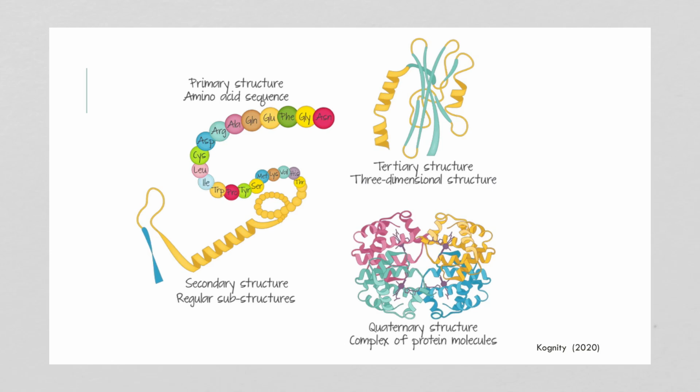So we're going to highlight the 4 levels of structure, and then we'll expand a little bit further. So primary structure is just the amino acid sequence. Secondary structure is when the amino and the carboxyl groups interact with one another, and you can end up with spirals called helices, alpha helices, and you can end up with these flat lined up regions called beta sheets or beta pleated sheets.